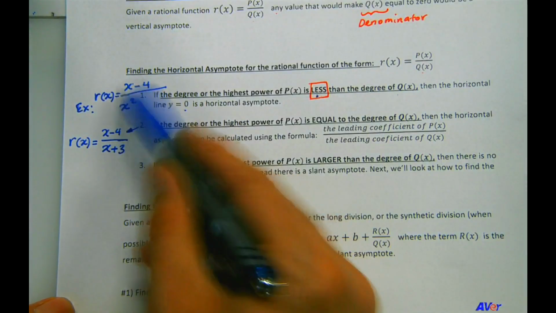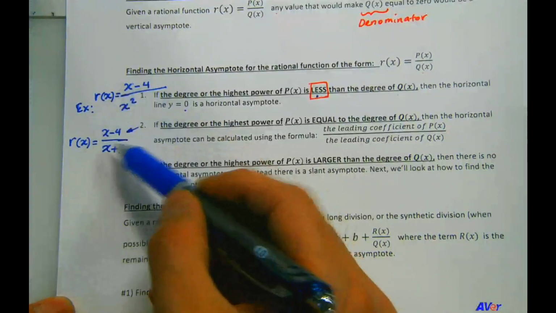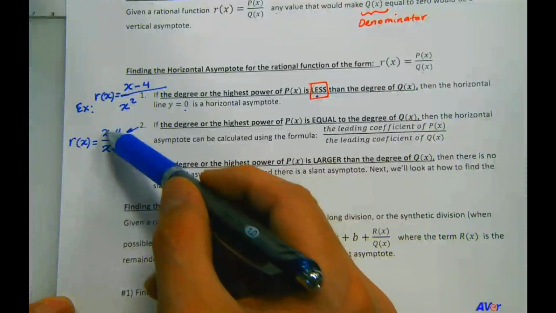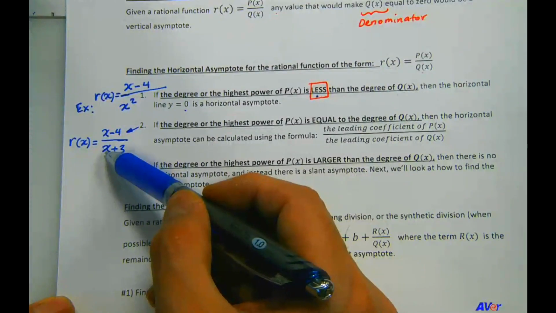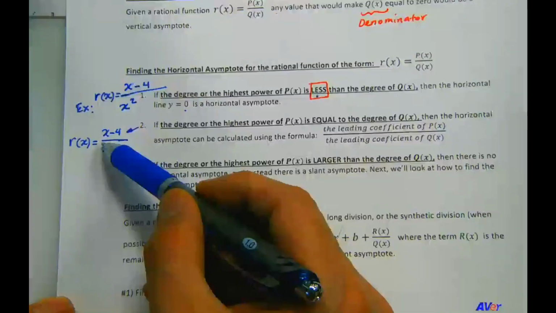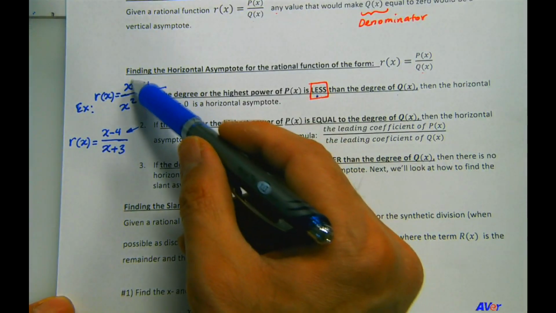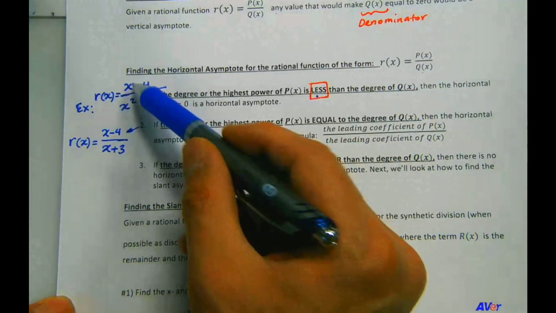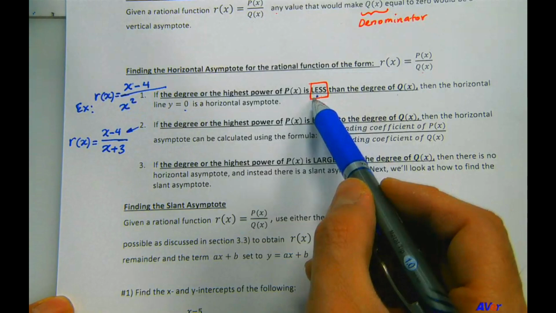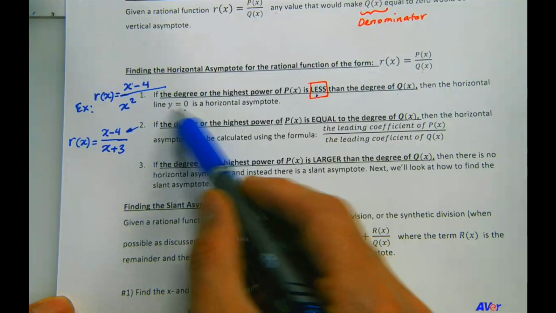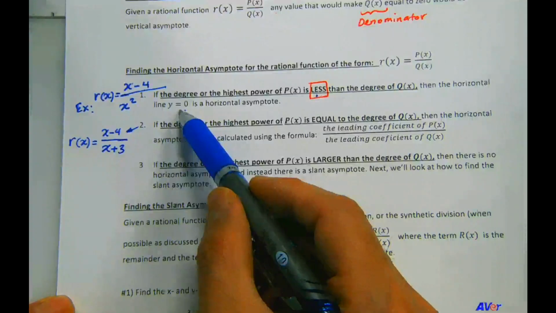Right? So look what I did. I changed this rational function so that now the degree of the numerator and the degree of the denominator are equal to each other. They're both 1, right? In the first case, the degree of the numerator was less than the degree of the denominator. That's when we had y equals 0, or the x-axis, be the horizontal asymptote.